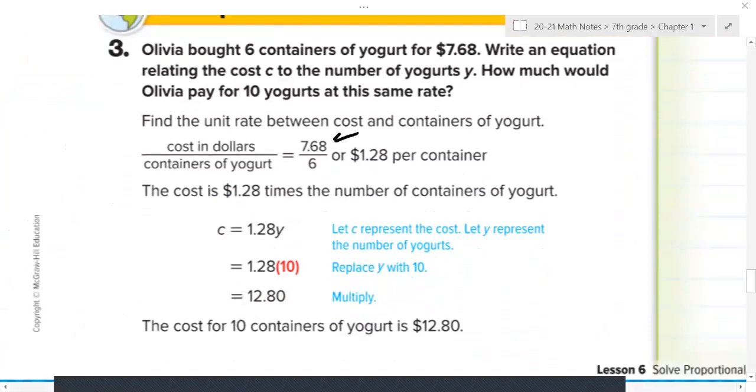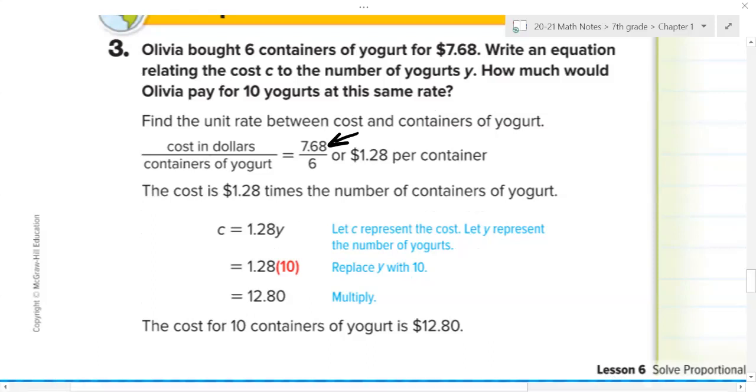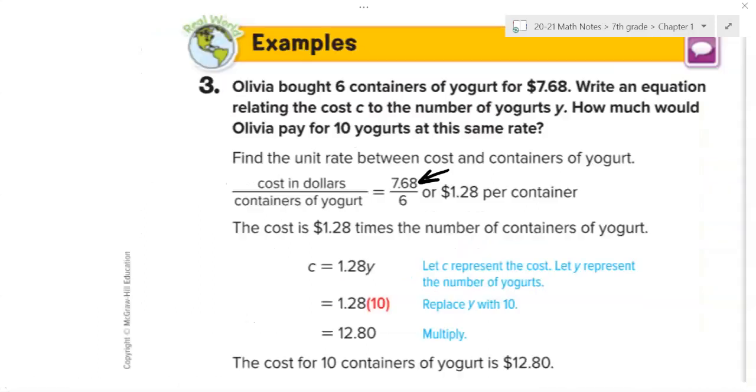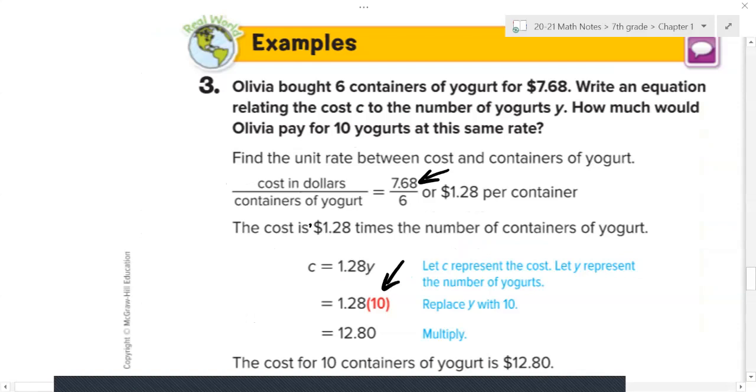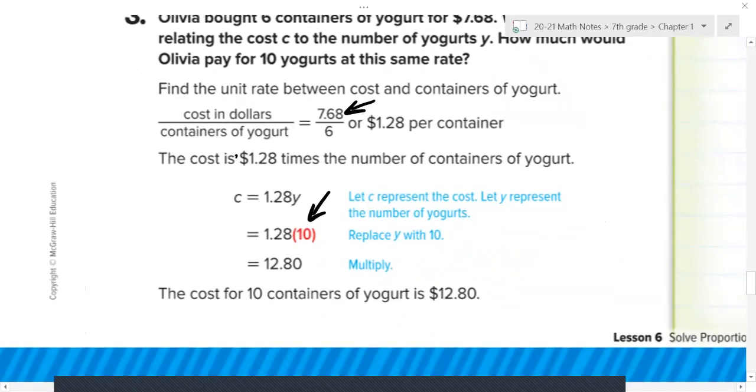Since it's $7.68 for 6 of them, from the unit rates from section 2, maybe section 1 from this chapter, they found that it was $1.28 per container. It's asking us how much is it for 10 of them. So all you're going to do is multiply that unit rate by 10, and they got the cost of 10 containers is $12.80.